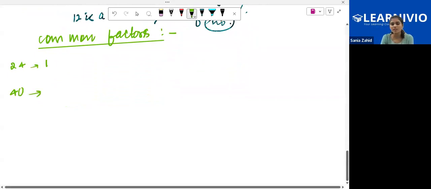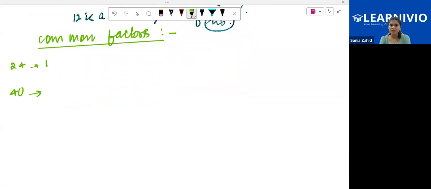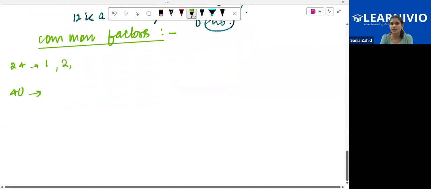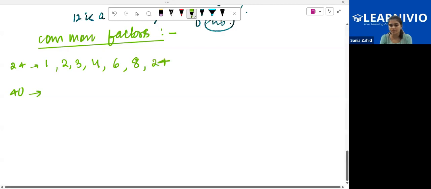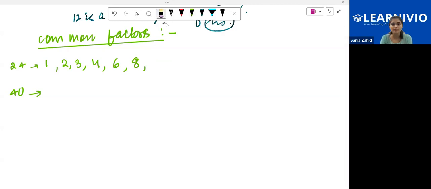First of all, 1 is a factor of every number, 1 and the number itself. So 1, yes, 2, yes, 3, yes, 4, yes, 5, no, 6, yes, 7, no, 8, yes, 9, no, 10, no, 16. Then I don't think you have any other number. Then you have 24 directly. You also have 12.